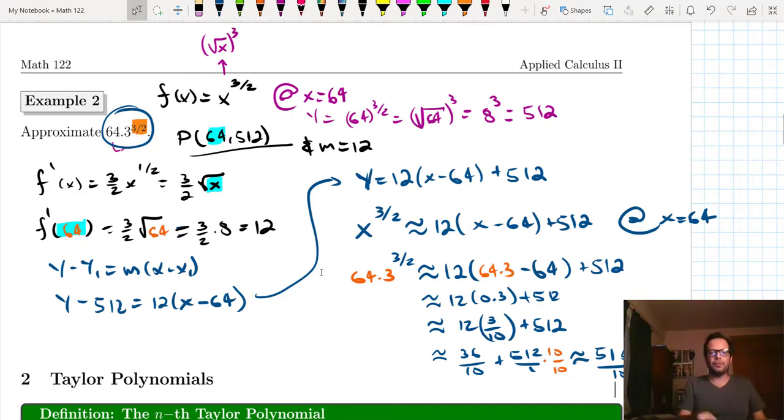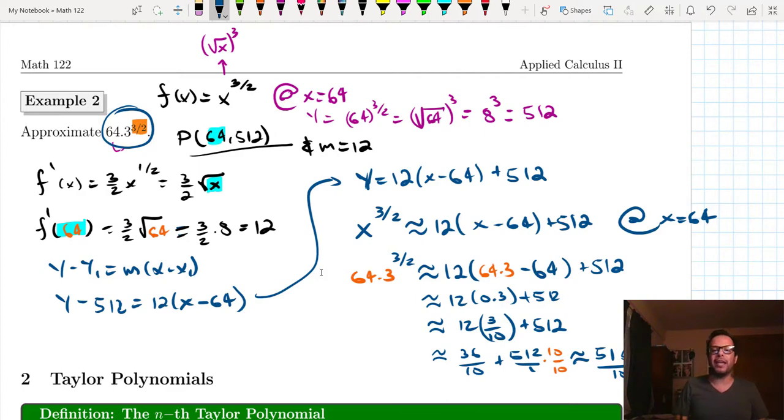Okay, so let's verify. Let's see what we get using the calculator here. I'm going to divide 5156 by 10, and I get 515.6.